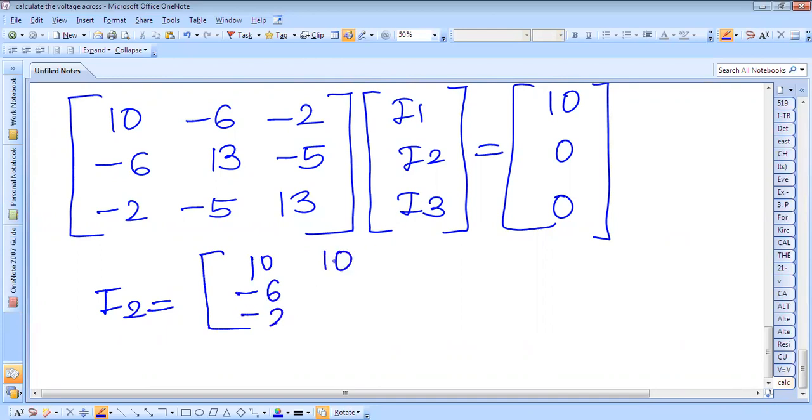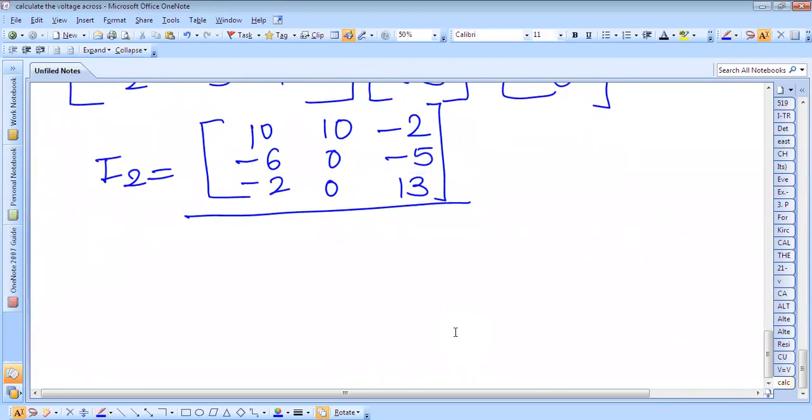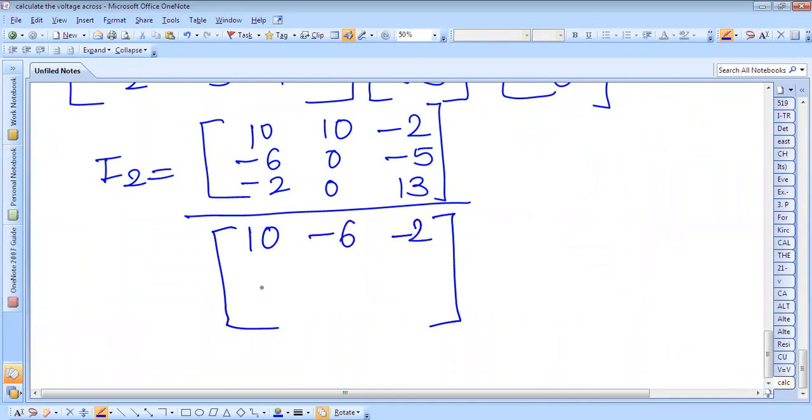So to find I2, replace the second column by this, because we have to find I2, and the remaining stays the same, divided by del, that is the determinant. The determinant is the same matrix: 10, minus 6, minus 2; minus 6, 13, minus 5; minus 2, minus 5, 13.